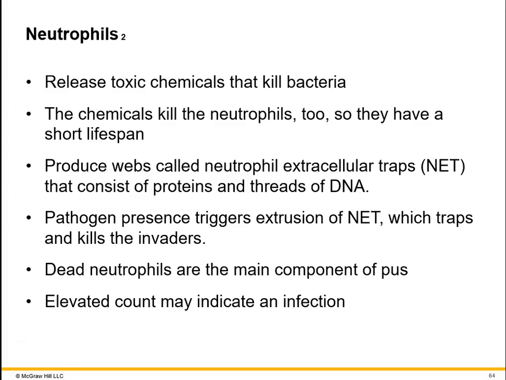So that just indicates that your immune system is actually doing what it's supposed to do. You have a lot of neutrophils in that area, and that's what's leading to the formation of the pus in that area. So those are neutrophils trying to fight off that infection.